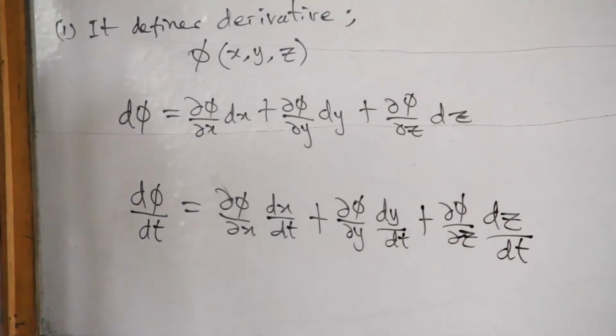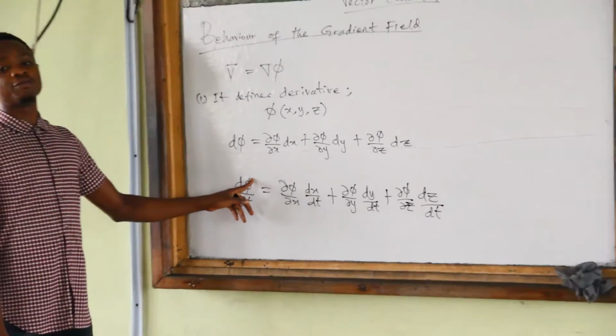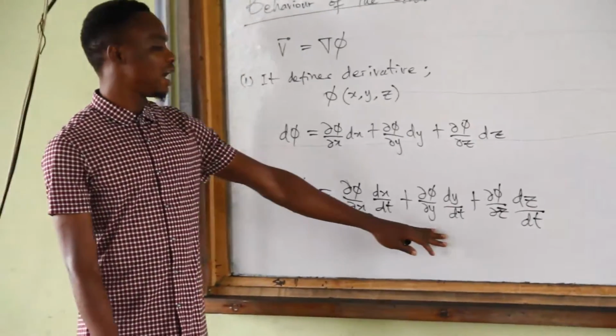Does it make sense to you? Alright, so this is the total derivative of the function phi with respect to some parameter t.